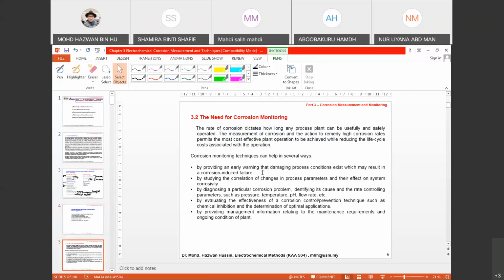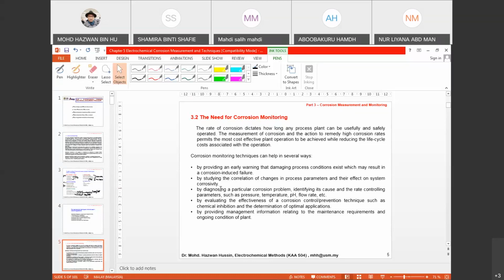And the need for corrosion monitoring, as I said earlier, is to determine whether the metal experiences severe corrosion, mild corrosion, or less corrosion. With this indication, it can give you a prediction whether the metal can last longer or whether it is time for replacement or maintenance.